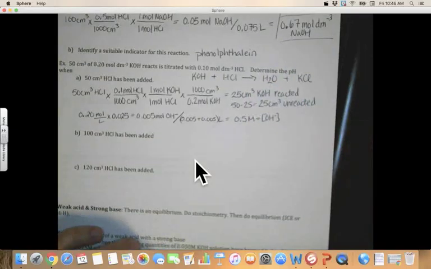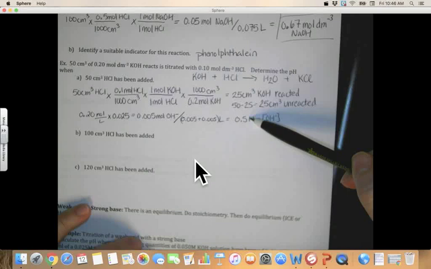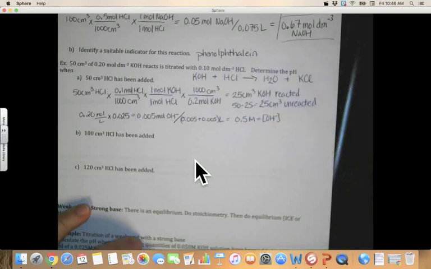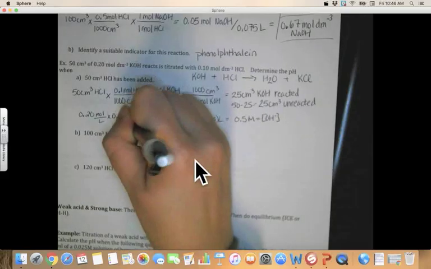Well, I need to know the hydrogen ion concentration to get the pH. So you could either do the pOH and then 14 minus pOH gives you pH, or you could find the hydrogen concentration, so using Kw, and then take the negative log of that. I'm going to go the pOH route.